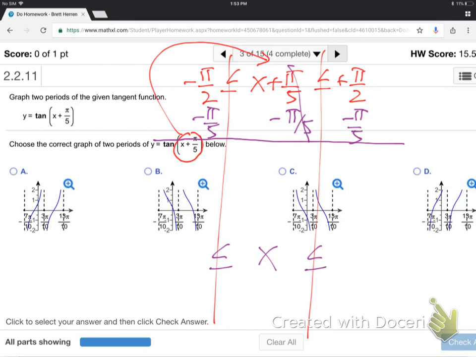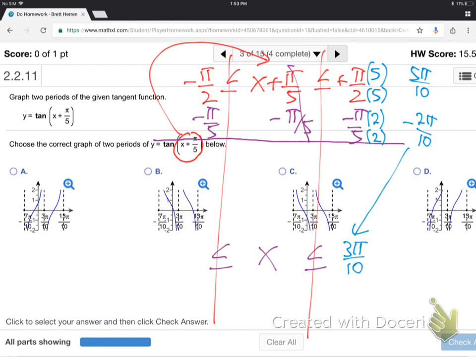So multiply top and bottom of this one by 5, top and bottom of that one by 2. So we get 5 pi over 10 minus 2 pi over 10 is 3 pi over 10. Everybody good there?